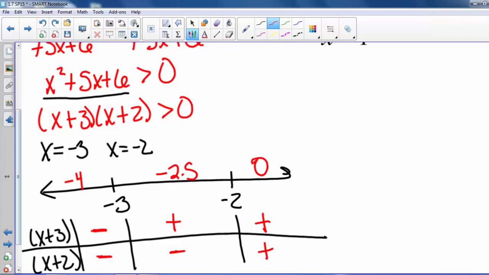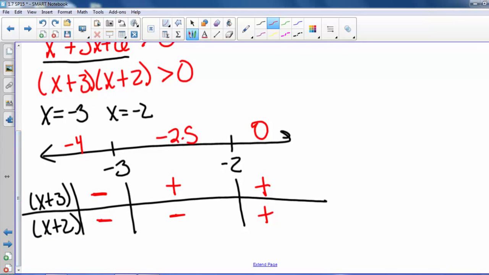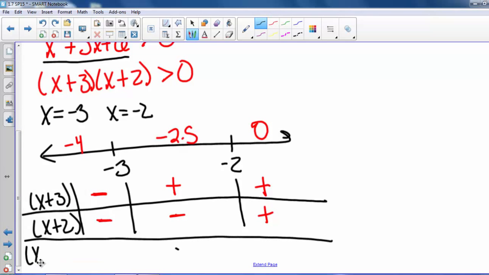So remember what we said about two negative numbers being multiplied together gives us positive, and a negative and a positive multiplied together gives us a negative, and a positive and a positive multiplied together gives us a positive? Well, we're going to use that idea now. So if we look at what x plus 3 times x plus 2 gives us, we get negative times negative is positive, positive times negative is negative, and positive times positive is positive.